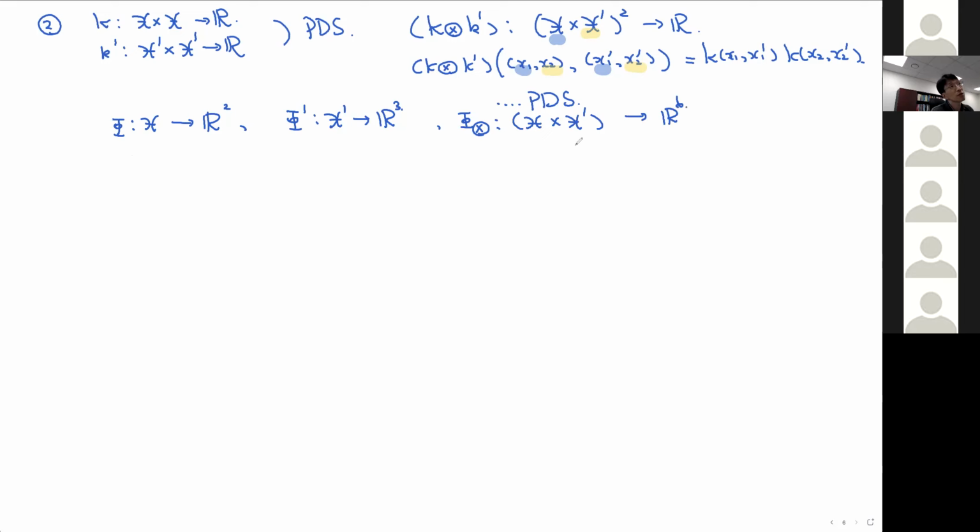And its definition is very much like the products that I showed you. Okay, how it's defined, given x1 and x2.